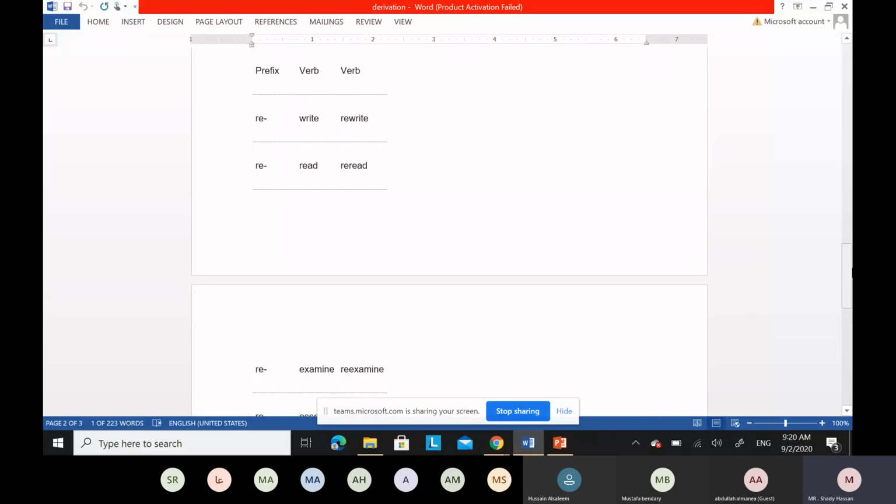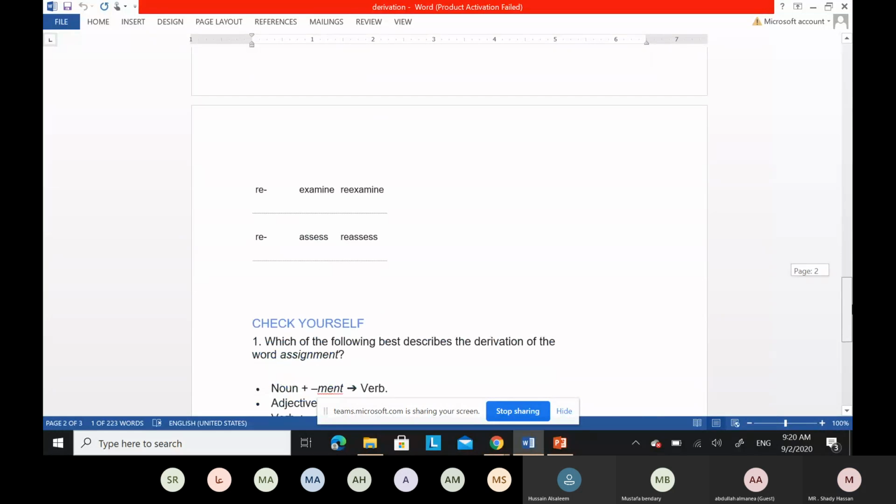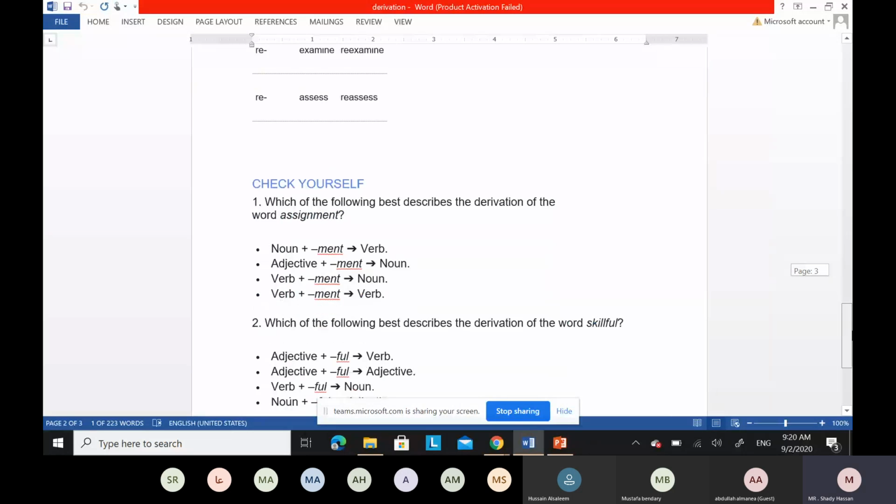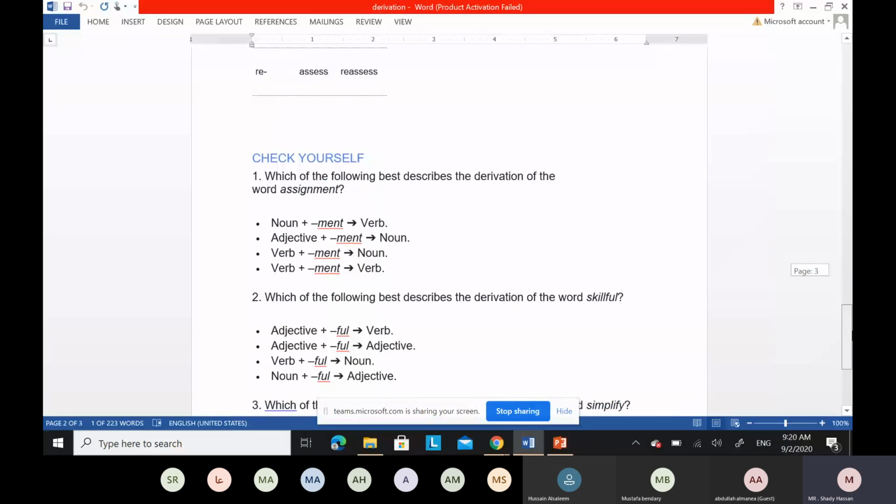For example, the verb write, it's going to be rewrite, which means to write again. Read, it's going to be reread. Examine, it's going to be re-examine, which means to examine again. Assess, it's going to be reassess. Assess means to what? Evaluate.